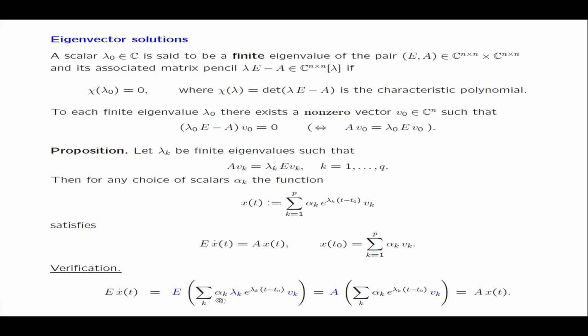Now look at the blue letters. We have an E here, a lambda k here, and a vk here. But by this relation, you can read it from the right to the left, this equals A times vk. And yeah, this is the proof.